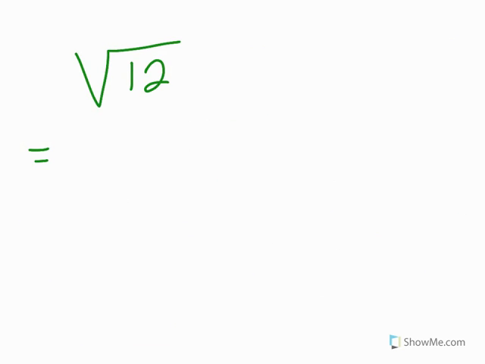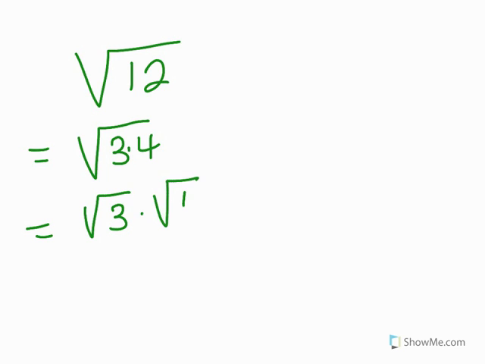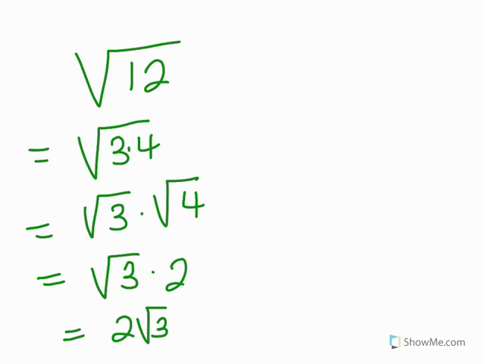The square root of 12 is the same thing as the square root of 3 times 4, which is the same thing as the square root of 3 times the square root of 4, which is the same thing as the square root of 3 times 2, which is now 2 square root of 3. And this becomes our answer, 2 square root of 3.